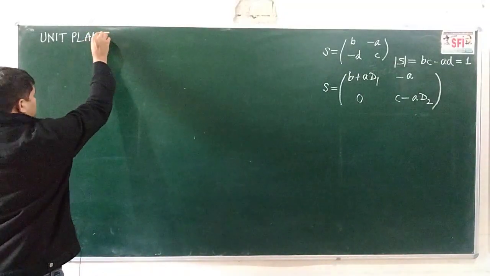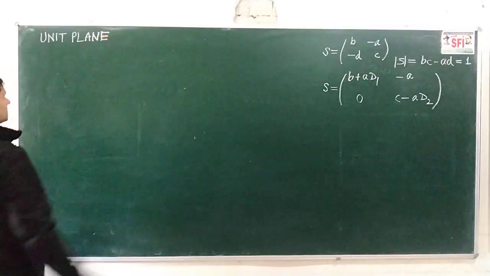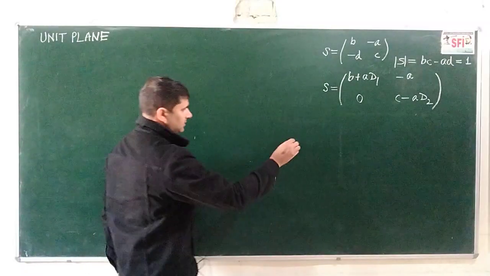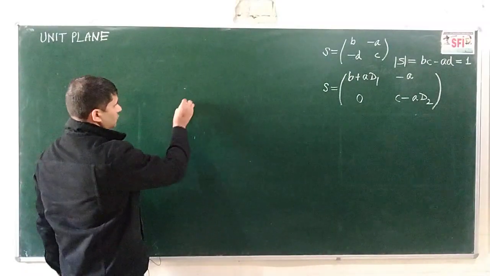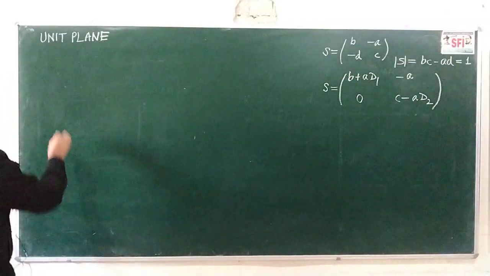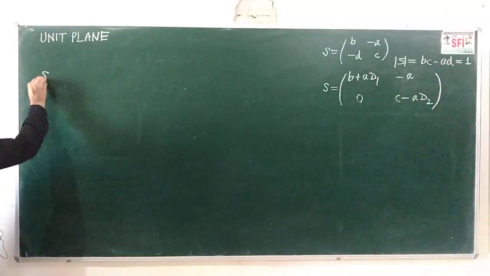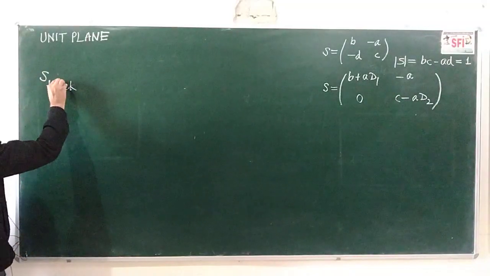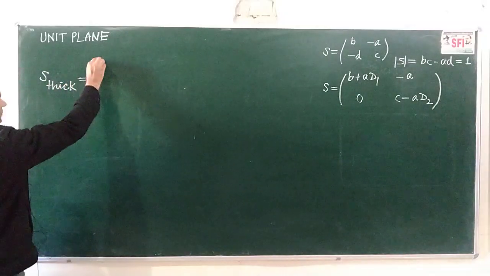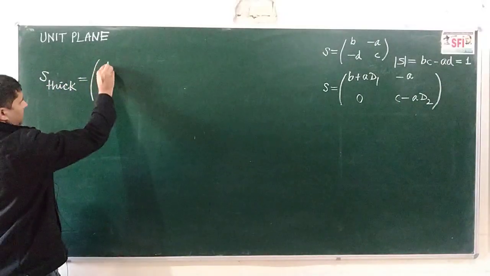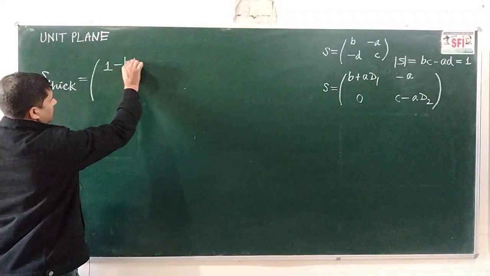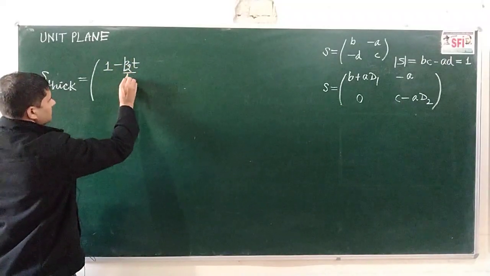In the previous lecture, we have discussed the system matrix of a thin lens and of a thick lens. It is a 2 cross 2 matrix and the elements are 1 minus P2 into T divided by mu.